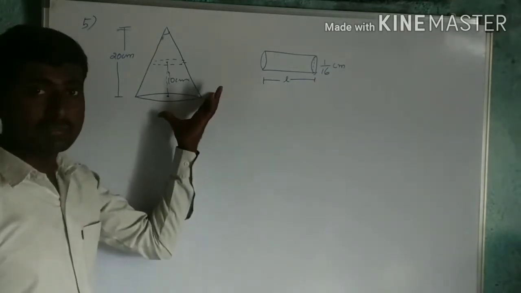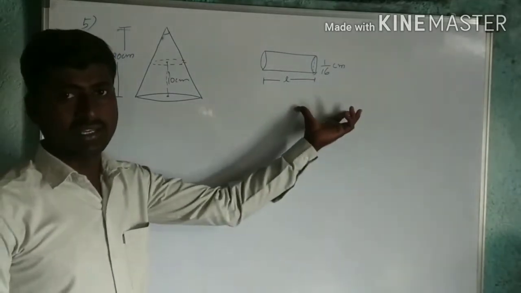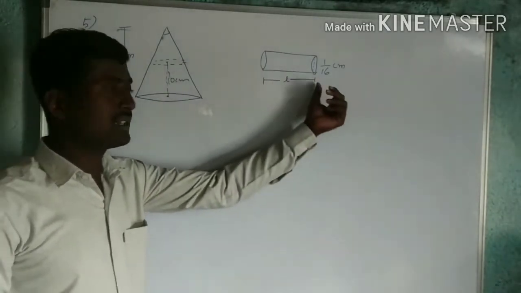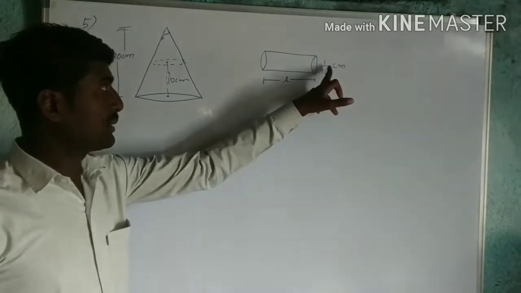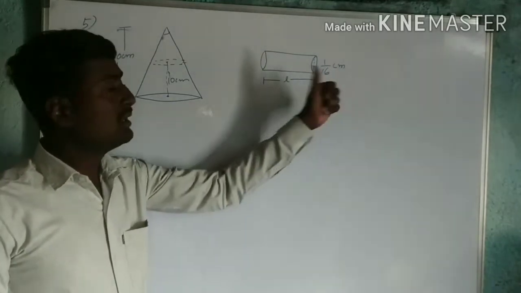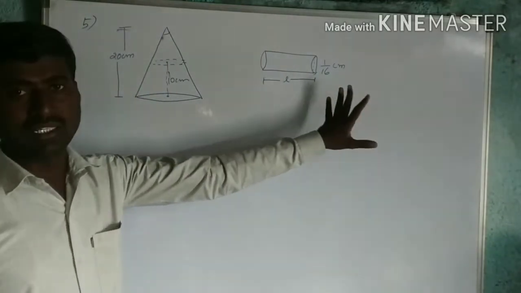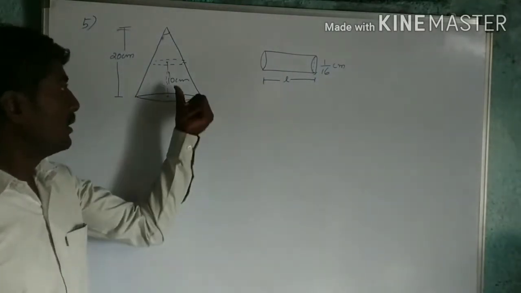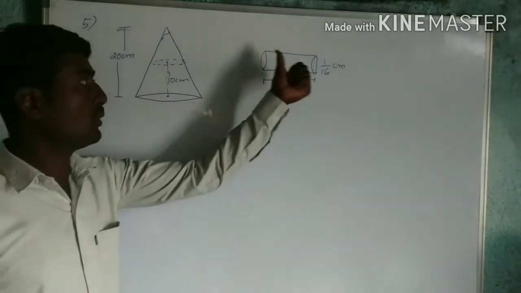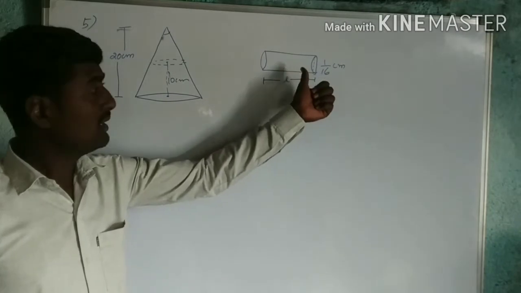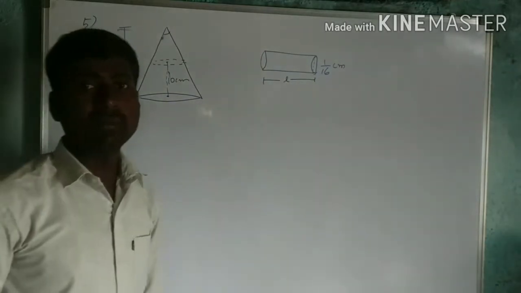Now we are converting this frustum into a wire by melting it. The diameter of that wire is 1 by 16 centimeter, and we have to find the length of the wire. The wire is in the shape of a cylinder, so the volume of the frustum of cone must be equal to the volume of the wire. From that we can find the length of the wire.